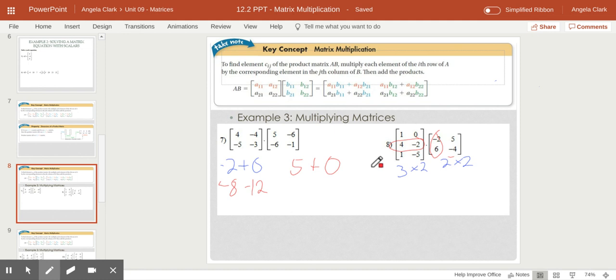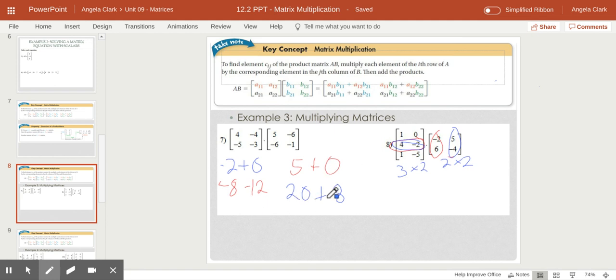And then second row, second column, 4 times 5 is 20, plus -2 times -4 is +8.